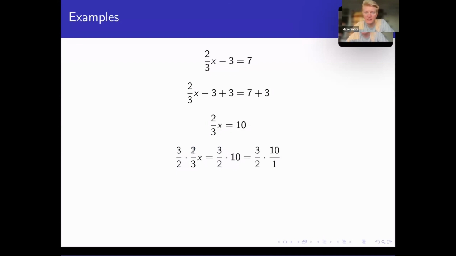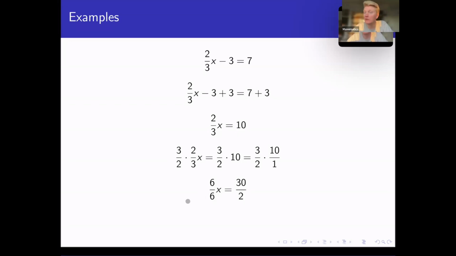Okay, well, over here, 3/2 times 2/3. 3 times 2 is 6. 2 times 3 is 6. 3 times 10 is 30. 2 times 1 is 2. So we multiplied by the reciprocal because we now get 6/6, and we know that 6/6 is just 1. The same thing happened, right? We wanted to get a 1x, and we got it by multiplying by the reciprocal.